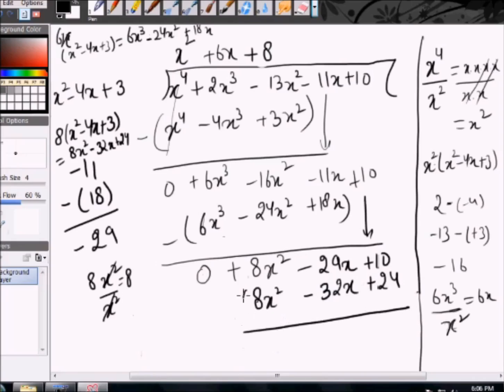Subtract, and we get 8x square minus 8x square, which gets cancelled, and minus 29x minus of minus 32x, which gives us minus 29 plus 32, which gives 3x, and 10 minus 24, which gives us negative 14.